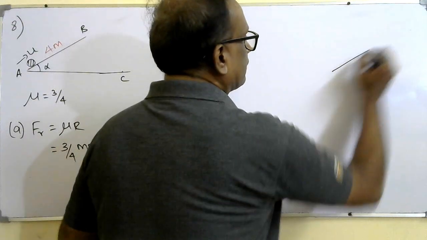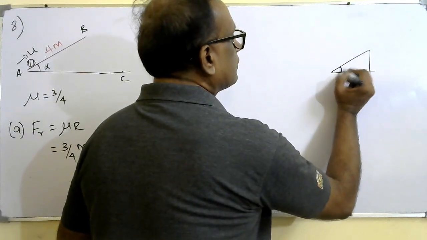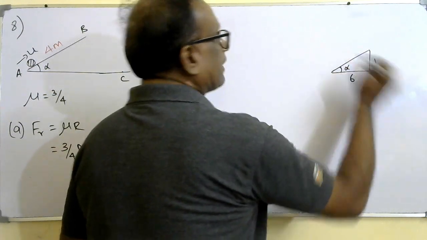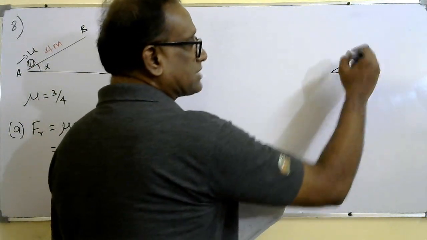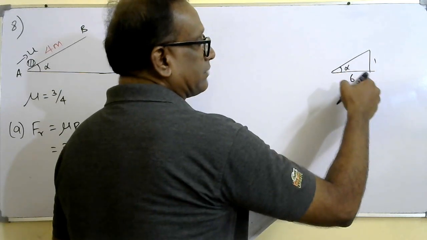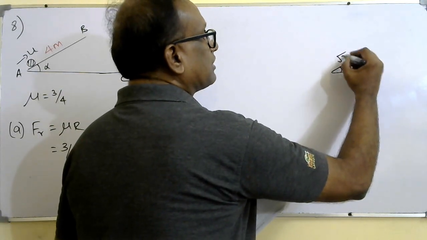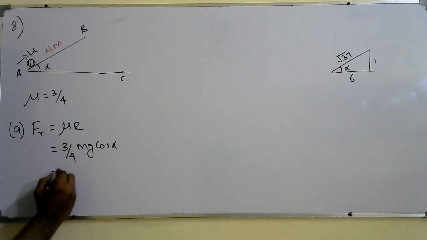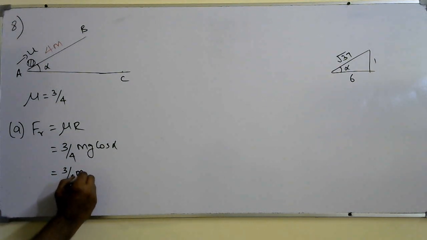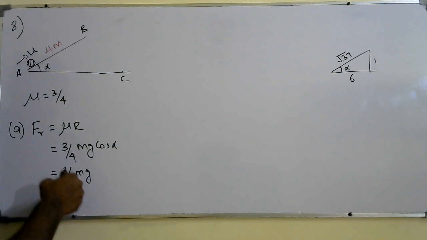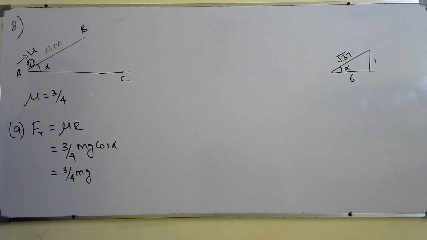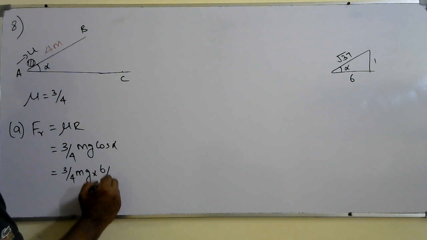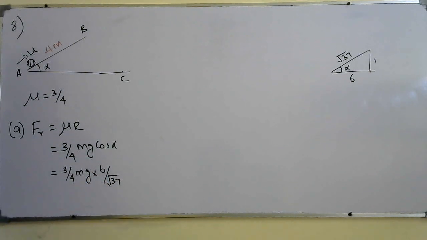If you think about the right angle triangle, 1 over 6, by Pythagoras theorem, 36 plus 1, the hypotenuse is square root of 37. So cos alpha is 6 over square root of 37, and F_r is 3 by 4 mg cos alpha, with mass given.